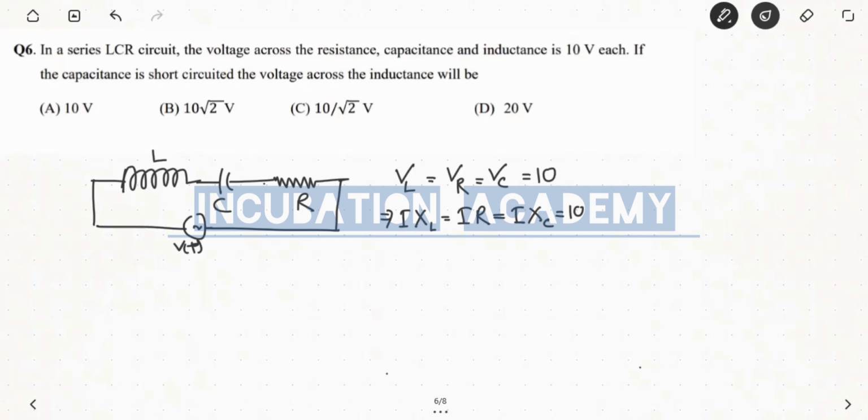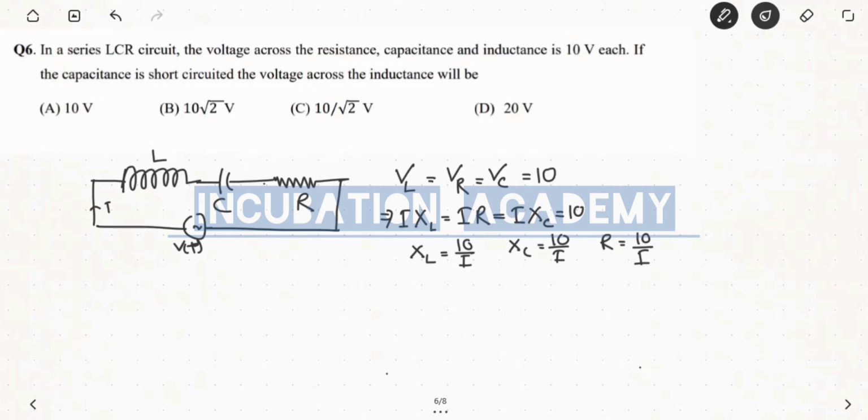IR equal to 10 volt. So XL is 10 by I, XC is also 10 divided by I, and the resistance is also 10 divided by I, the current.